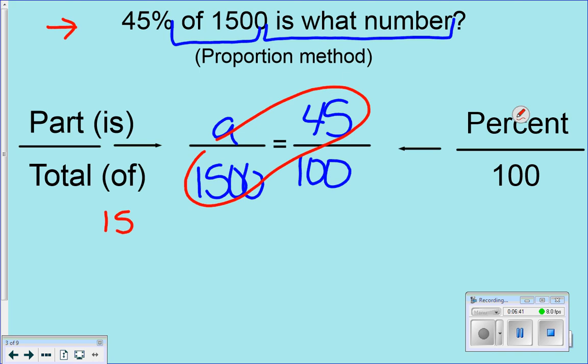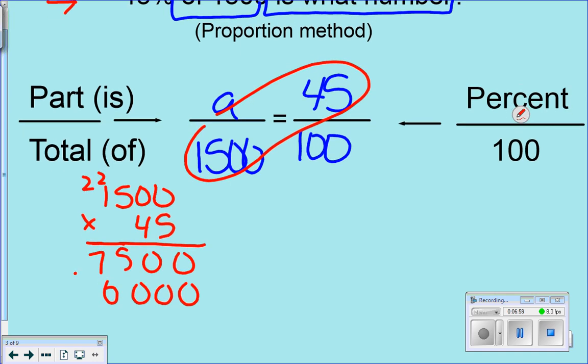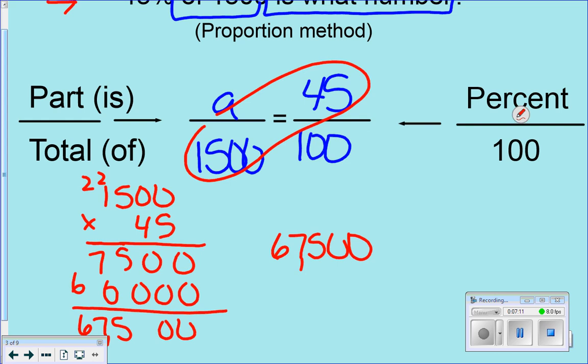So 1500 times 45, that should be a 5. I should have gotten this. Did you guys get this? Did you guys do the math too?